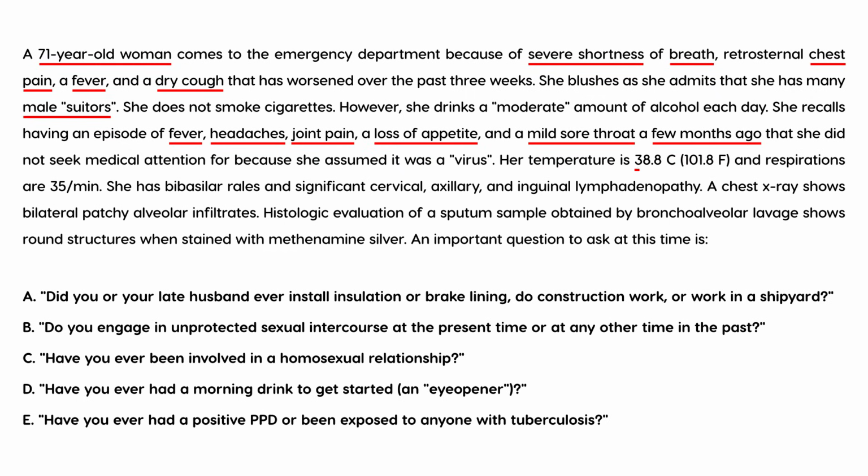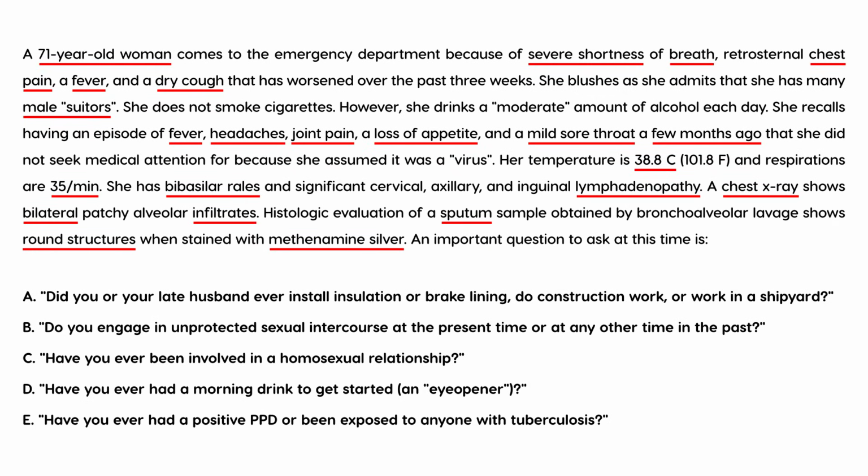Her temperature is 38 Celsius. Respiratory rate is 35. She has bibasilar rales and significant lymphadenopathy. Chest x-ray reveals bilateral patchy alveolar infiltrates. Histologic evaluation of sputum obtained by bronchoalveolar lavage shows round structures when stained with methenamine silver.